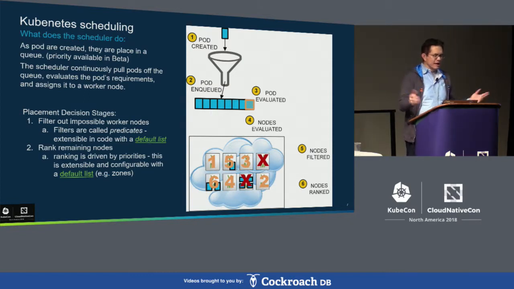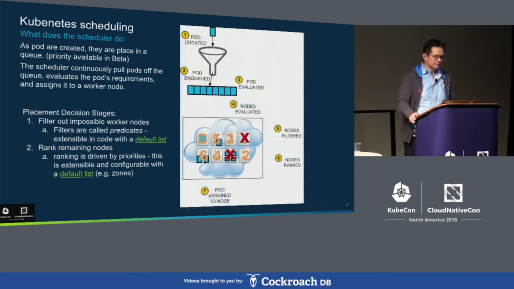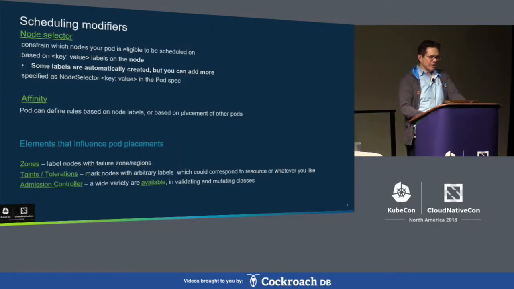But there are others. Some come enabled by default, some are non-default, and if you want to, you can write your own. So after all of these stages of eliminating the impossible, ranking them, and jumping to a preferred order list, finally that pod is assigned to a node and is going to get kicked off and running.